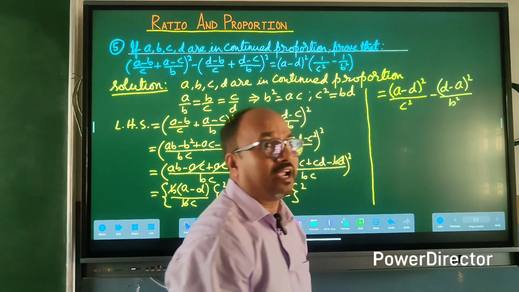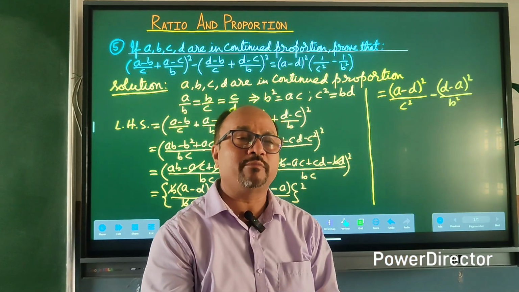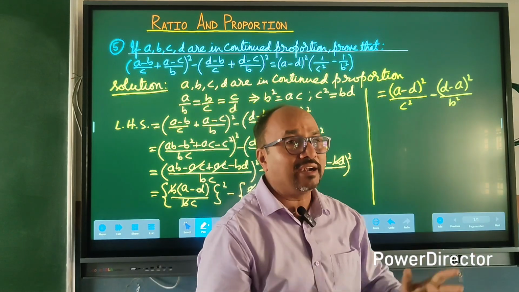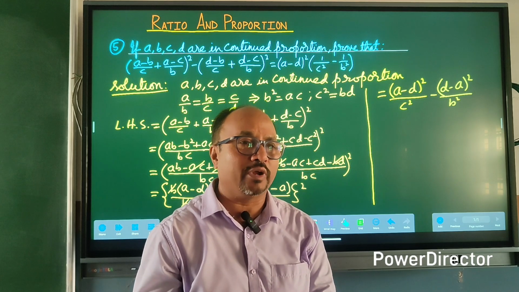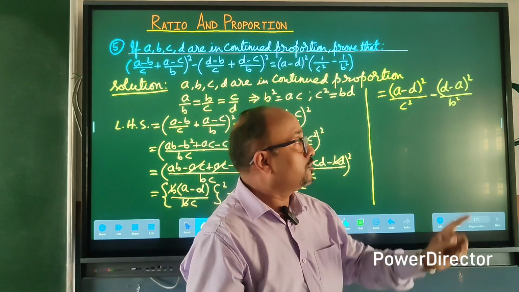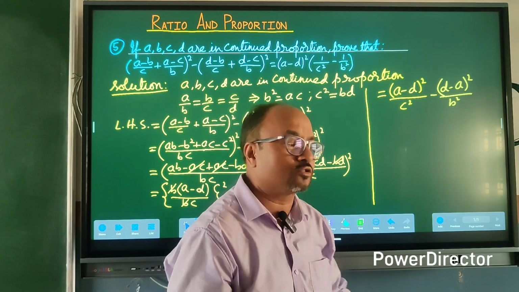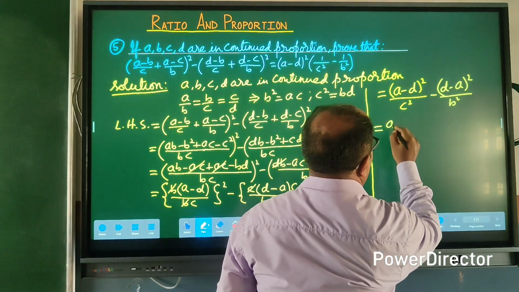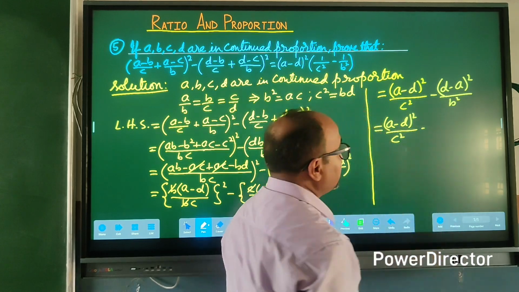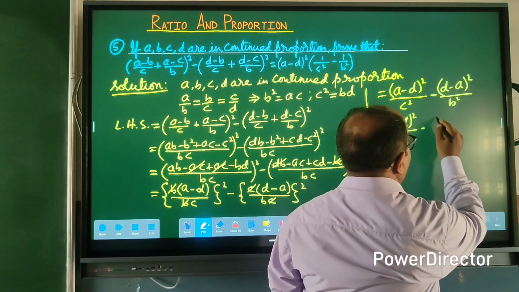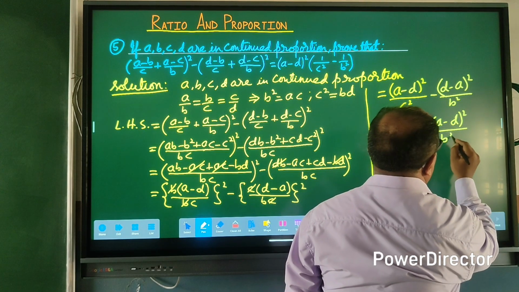Now a step needs to be understood. See, A minus D whole square gives you A square plus D square minus 2AD. If you expand D minus A whole square also, you will get D square plus A square minus 2AD. The result is the same. So I can replace this B minus A whole square as A minus B whole square. The first part copied as it is, and this part, instead of B minus A, now I will write A minus B whole square by B square.